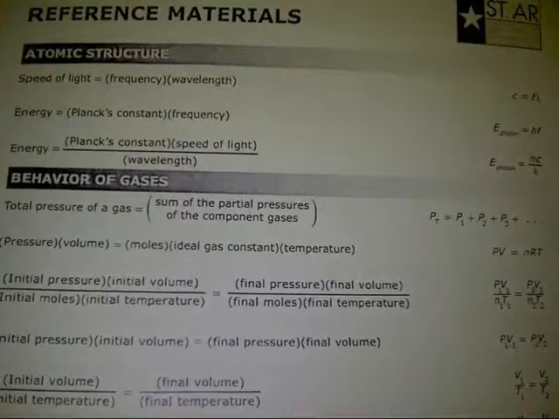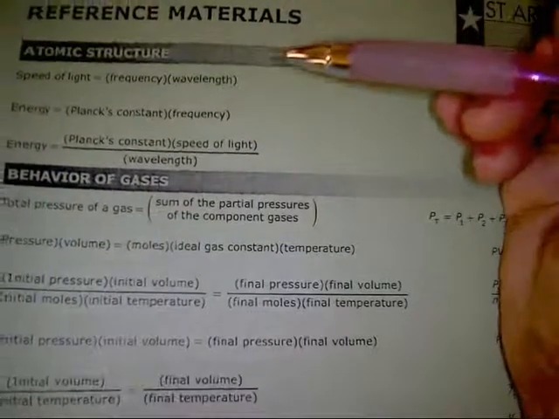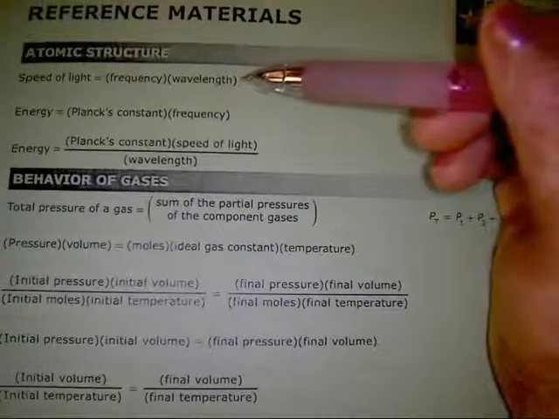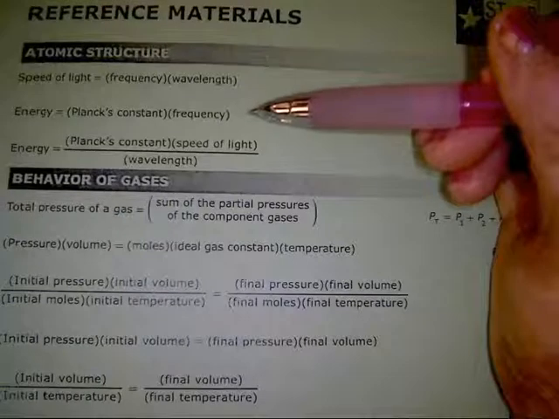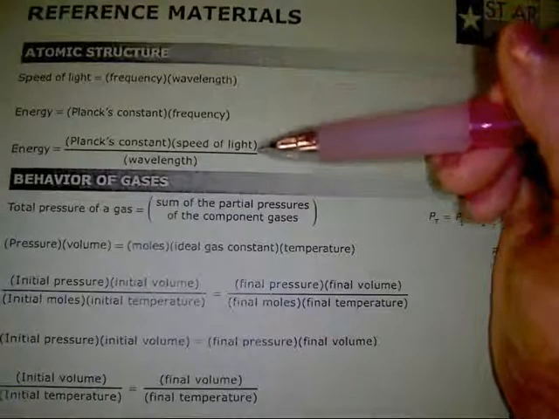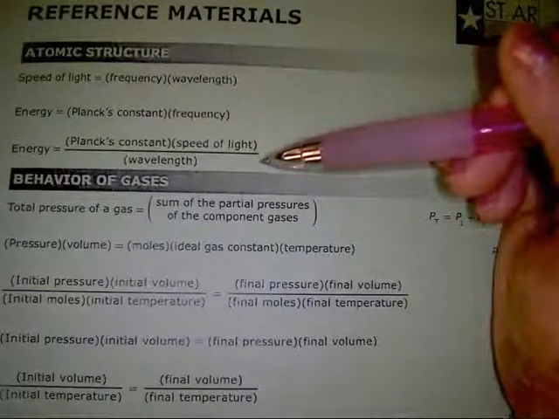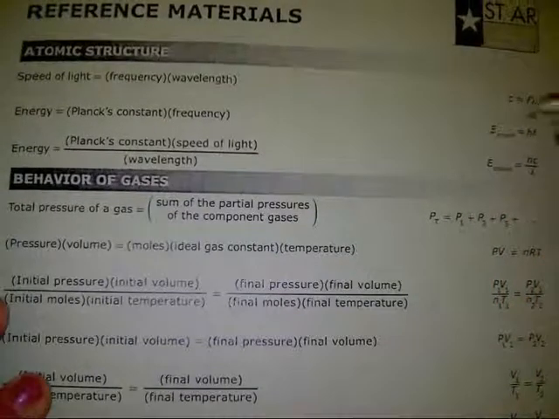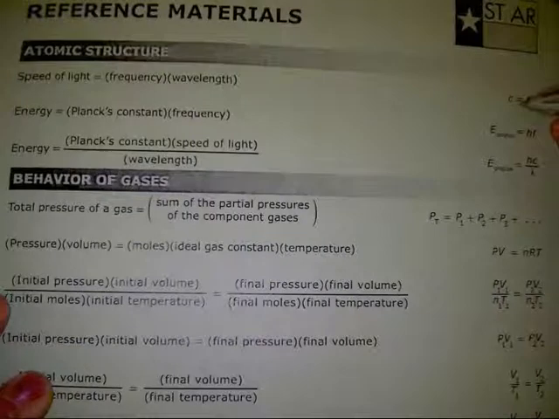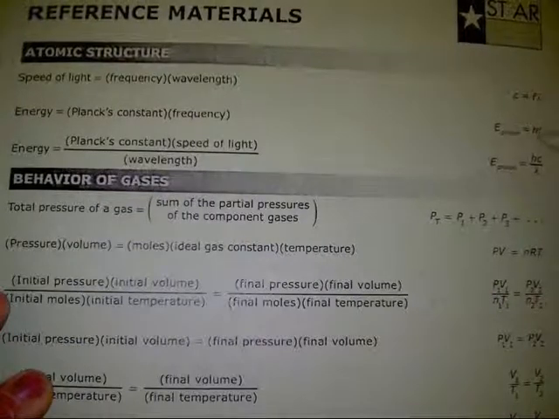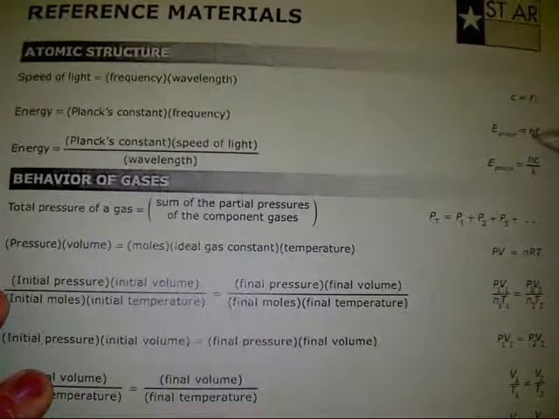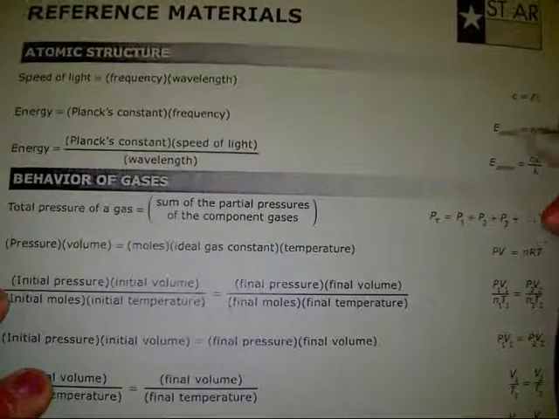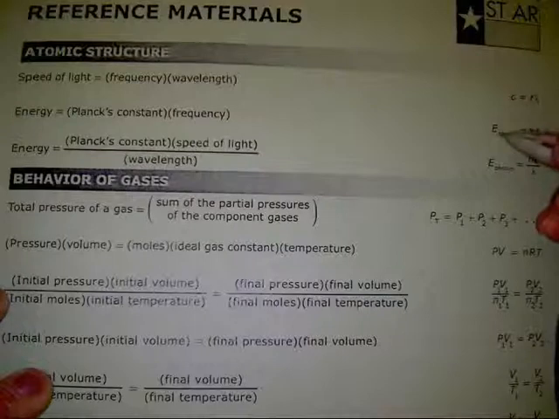The three formulas we are going to be dealing with are these: the speed of light equals frequency times wavelength, energy equals Planck's constant times the frequency, and energy equals Planck's constant times the speed of light divided by the wavelength. The speed of light is c, and Planck's constant is h. And like we said before, F is frequency, lambda is wavelength, and E is energy.